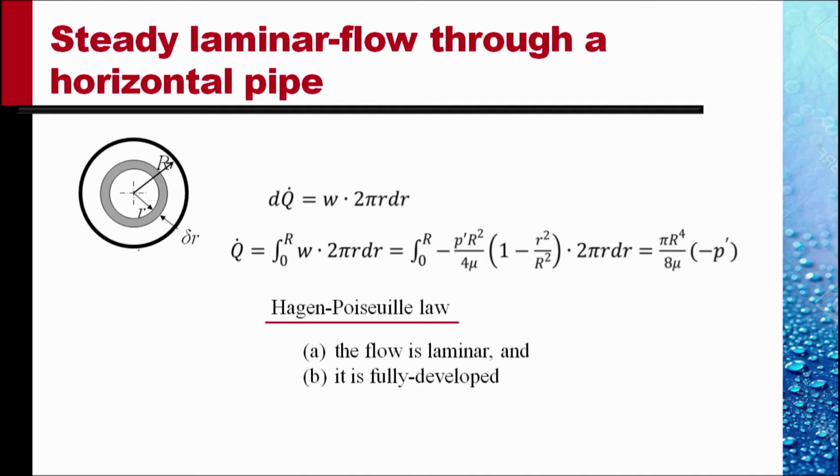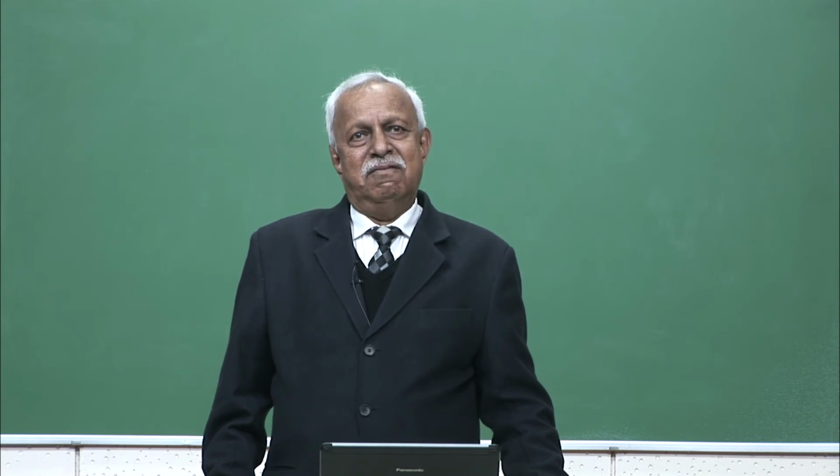Notice that we have said earlier that laminar flow through a pipe is a rarity. Most commercial pipe operations use turbulent flows. Also, when the flow is laminar, the developing length of the flow, the length through which the flow develops, is quite a large value.